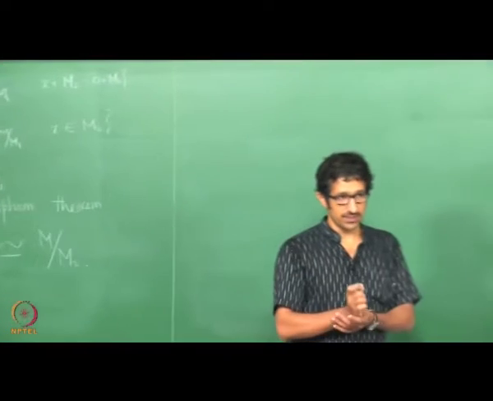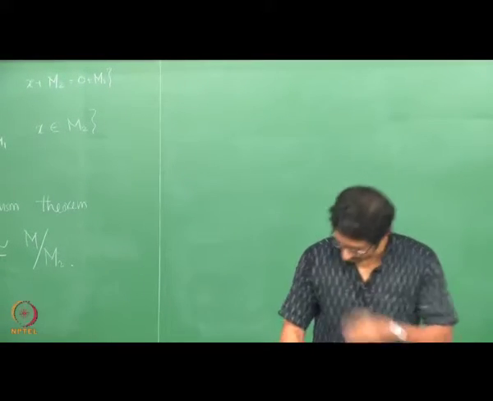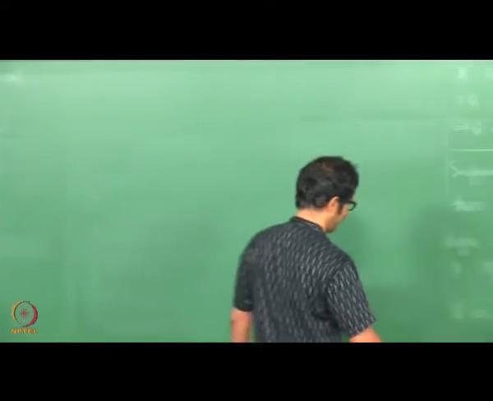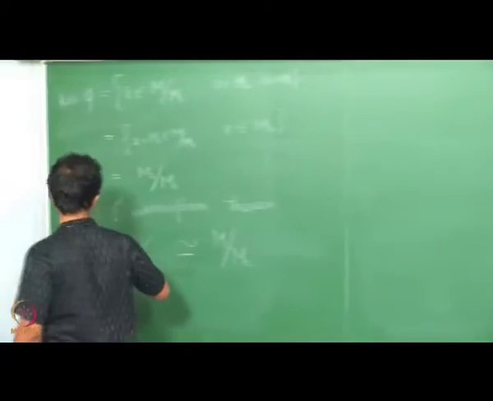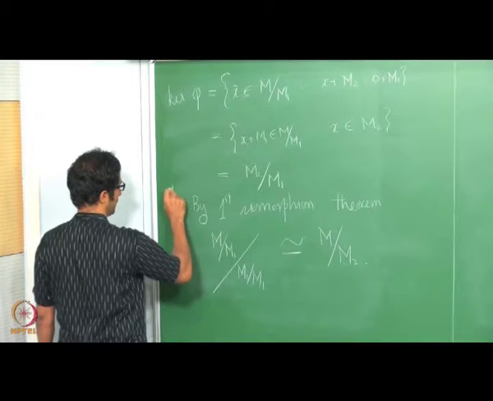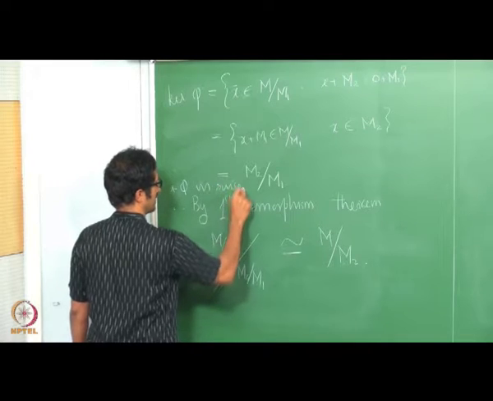Now, suppose you have... don't we need to show surjective actually? Oh yes, correct. So, phi is surjective.